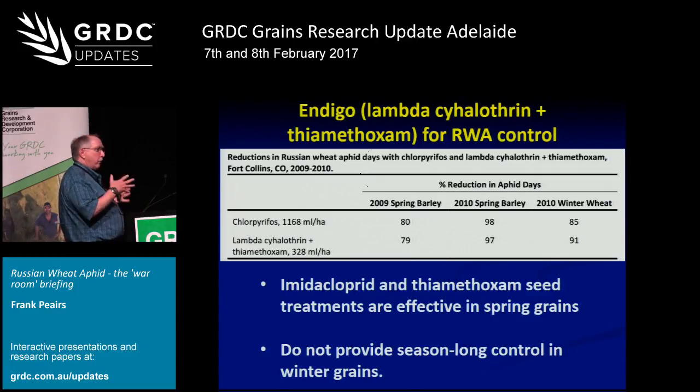Our problem with winter wheat is, you would be planting a treated seed in September or maybe October at the latest, and expect it to provide control through the following May. And that's just not going to happen under our conditions. So for winter grains, it's really not a good option.